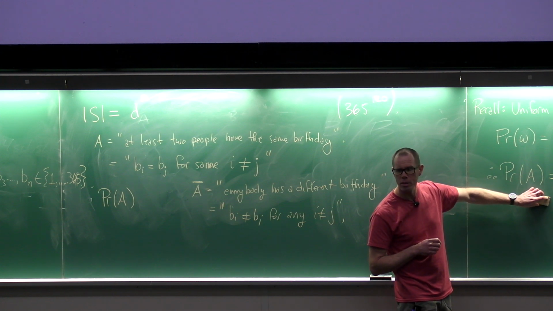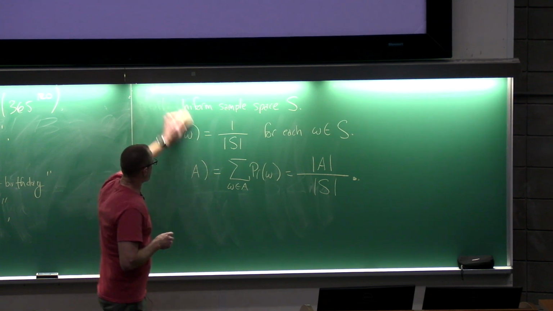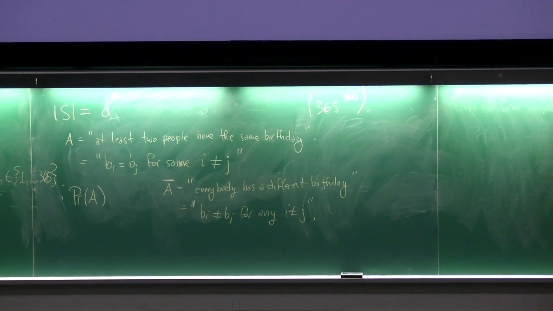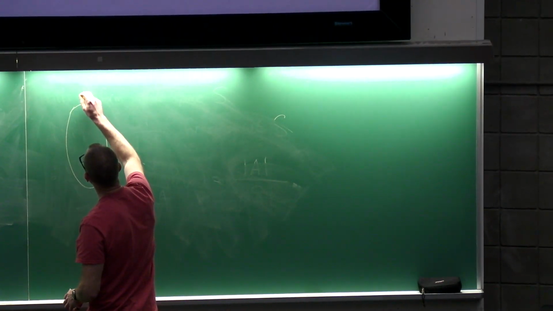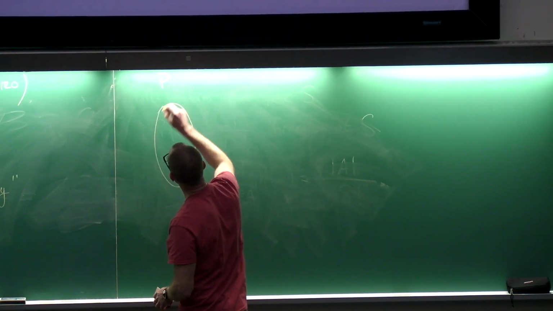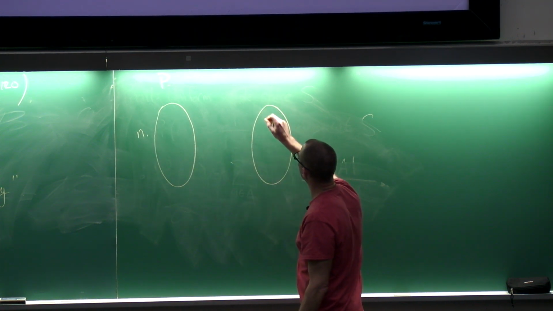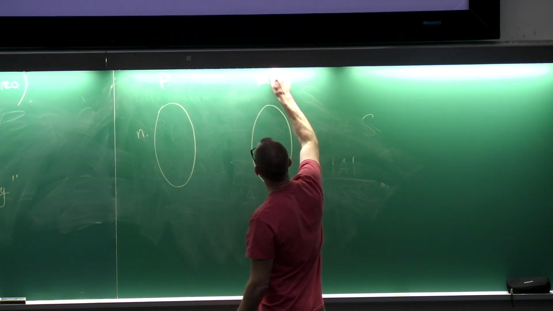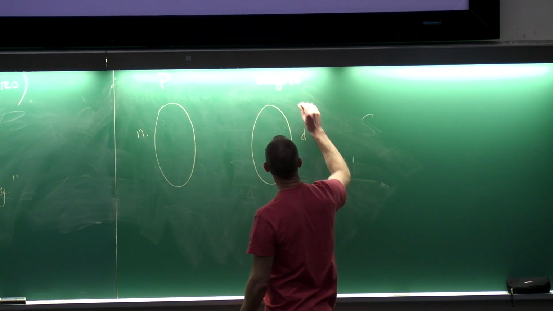So we can all remember this. The size of the event over the size of the space. And we'll put this into familiar terms. I have a set here of people. There's n of them. And I have a set here of birthdays. And there's d of those.